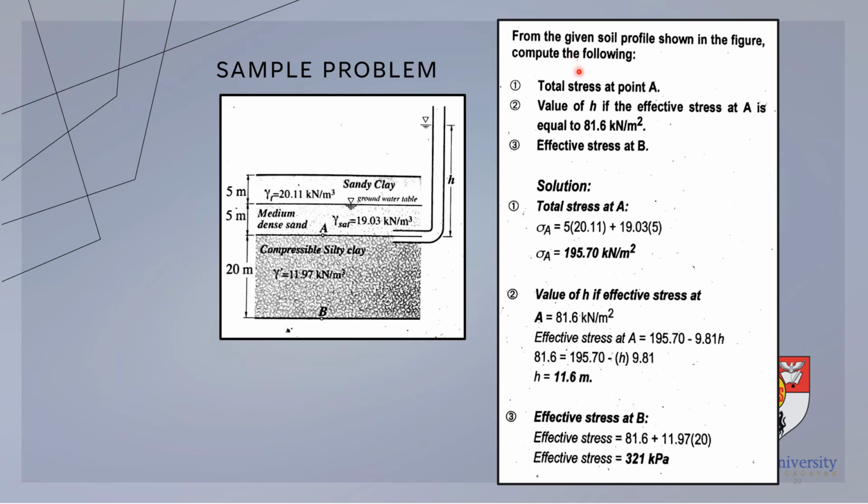So we are asked to solve for the total stress at point A and the value of H if the effective stress at A is equal to 81.6, and you are also asked for the effective stress at B. So first solution, let us solve for the total stress at A. So basically that is equal to everything that lies above A, that is 5 times the unit weight for this layer, which is equal to 20.11, plus 5, which is the height of this layer, times the unit weight for this layer, that is 19.03.